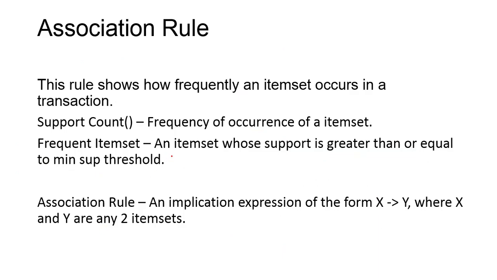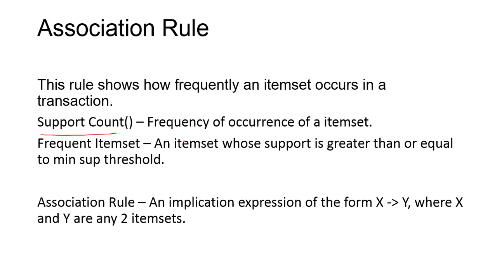Now the next topic is the association rule. Association rule, as the name itself suggests, is how frequently an item set occurs in a transaction, and various definitions are there for formulating this association rule. Support count means the frequency of occurrence of an item set, that is, how many times that particular item set occurs.